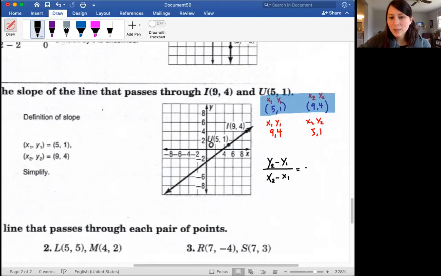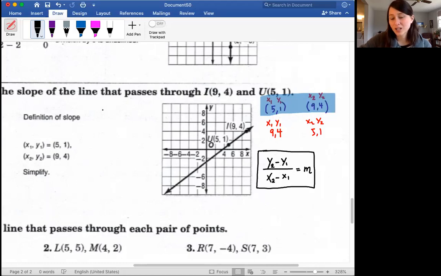A lot of times, actually all the time in algebra, we use m to represent slope. So this is the classic equation for finding slope: m = (y2 minus y1) over (x2 minus x1). And the reason why is because y is the change in the vertical and x is the change in the horizontal. So really you're doing the same thing as what you did in the last lesson.